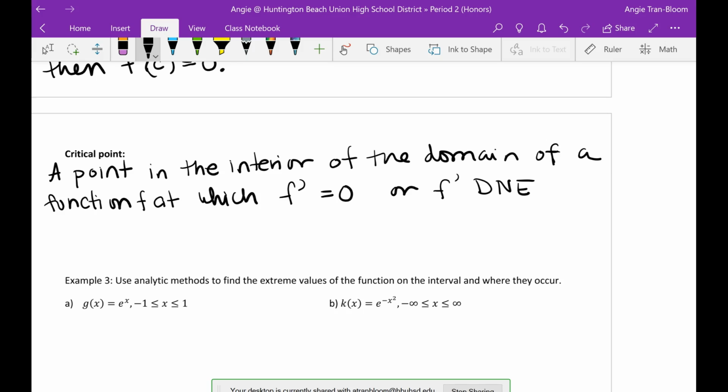So that can be a corner, a cusp, a discontinuity, a vertical tangent, any one of those. Okay, are we ready to use those things?